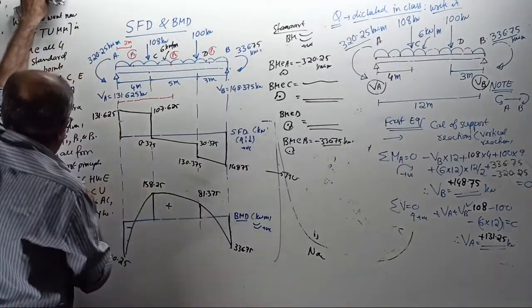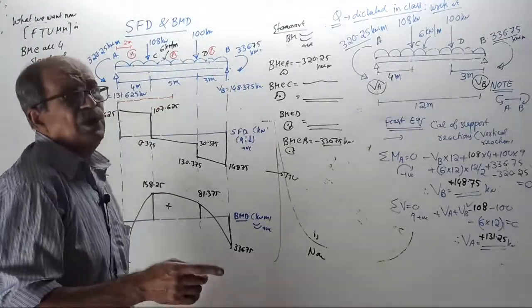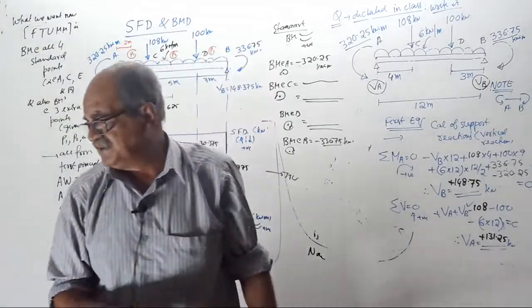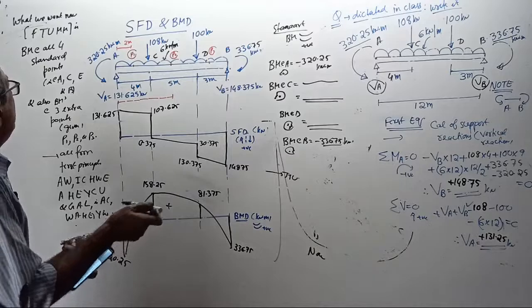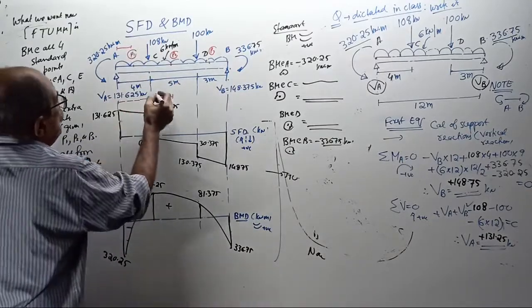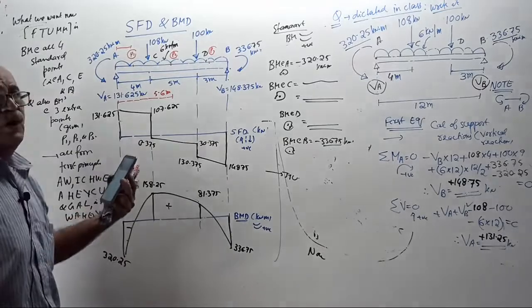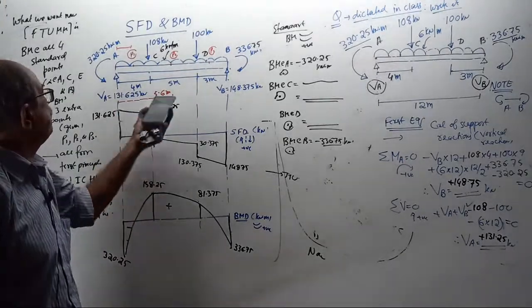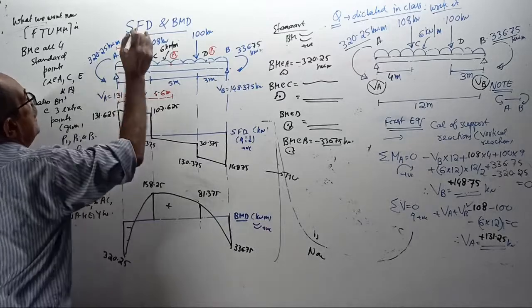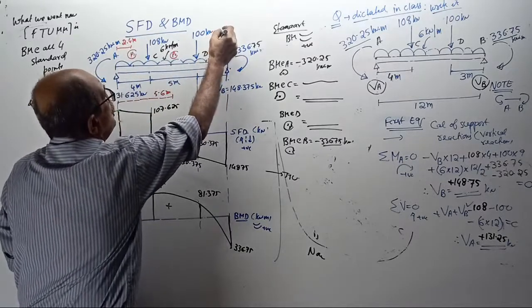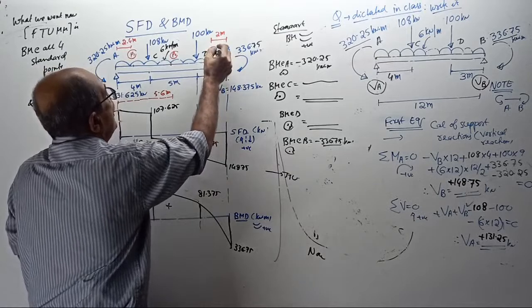P2 from the left hand, I told 5.6 meter. For P1, I told 2.4 meter. And for P3, from the right hand, I told 2 meter. Yes or no? Tell me.